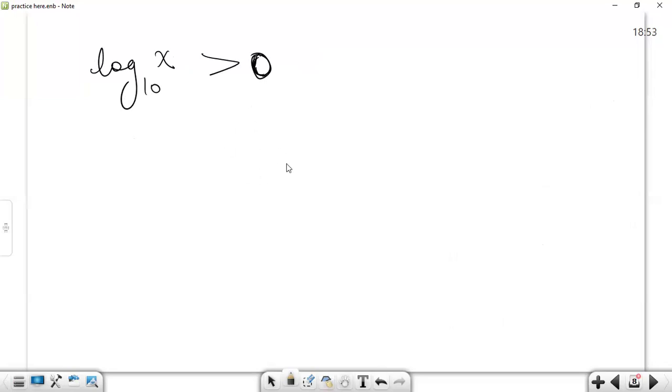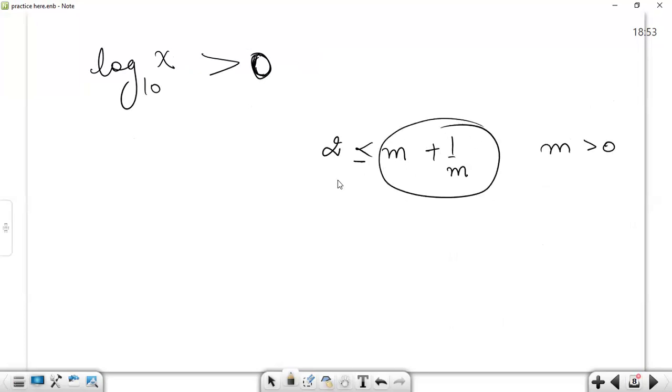And there is a property which says, let me write a different alphabet, m plus 1 by m. If m is real and positive, the least value of this term will be 2. The least value will be 2 because m is a positive number.